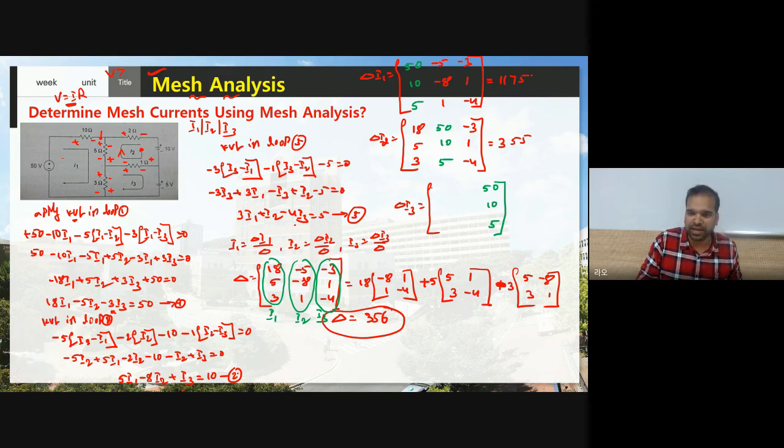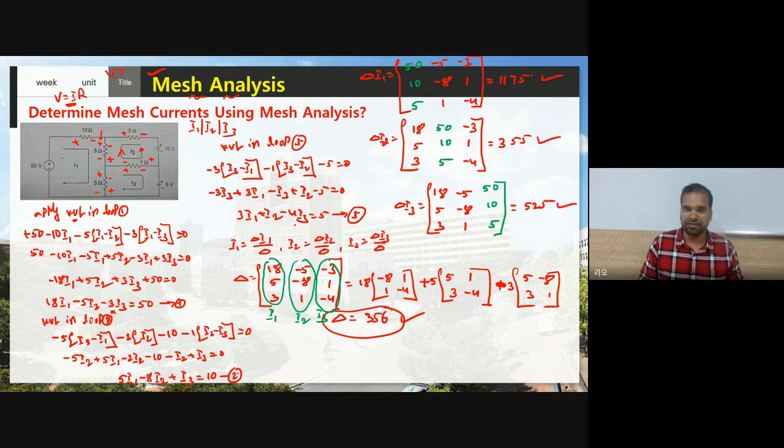The I1 terms are 18, 5 and 3, and the I2 terms are minus 5, minus 8 and 1. If you find the determinant of delta I3, you will get 525.